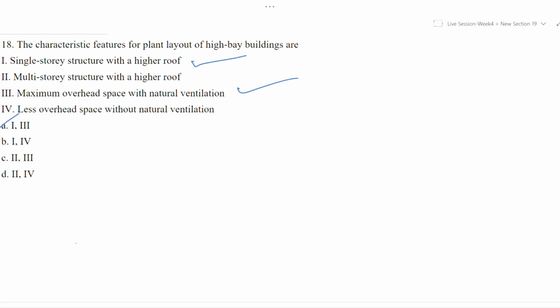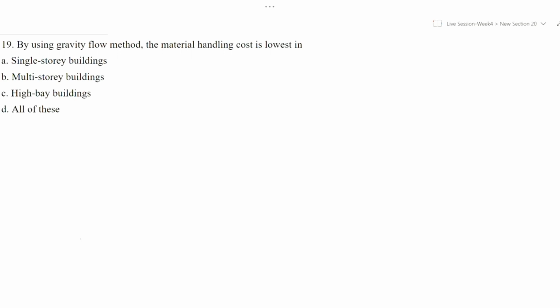Okay. So moving on to the next question. By using gravity flow method, the material handling cost is lowest in which of these types? Single story, multi-story, or high bay buildings, or all of these. So there are various levels, various floors at different levels.